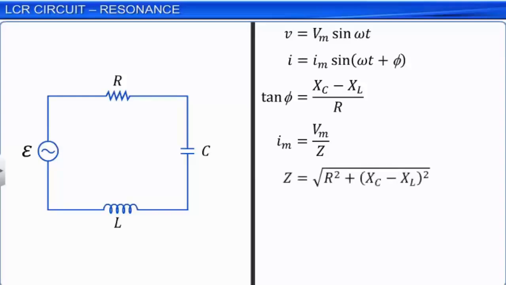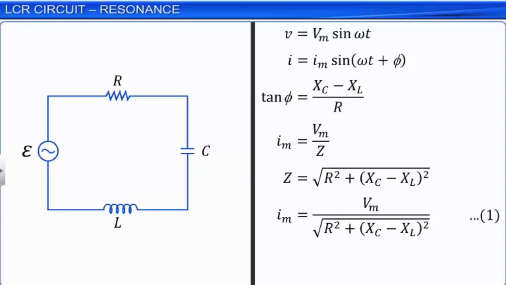Substituting the value of Z, we get Im as Vm by square root of R square plus Xc minus XL square. Let this be equation 1. We also know that Xc is equal to 1 by omega C and XL is equal to omega L.